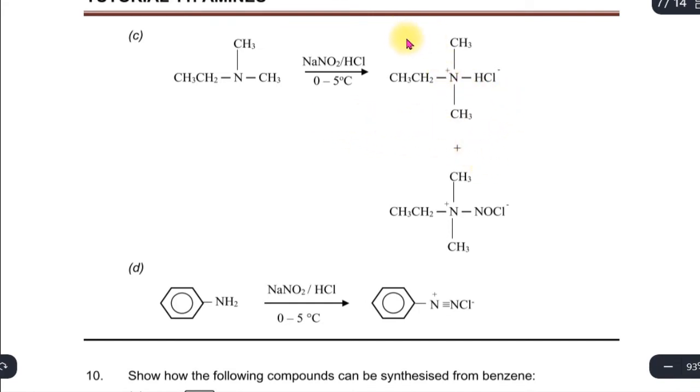You just copy and paste everything, and then form Cl negative. Another one is also the same. Just copy and paste everything, and then the N will form NOCl. Wait, it's supposed to be like this.